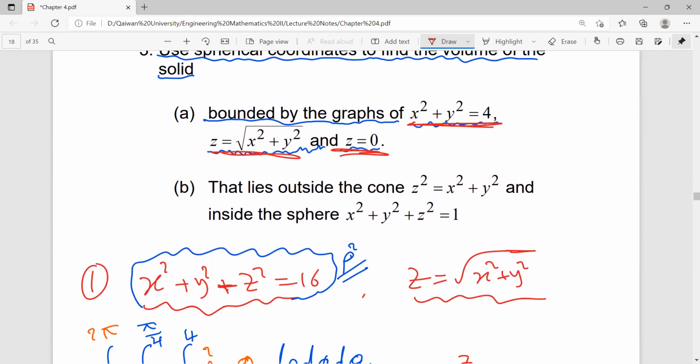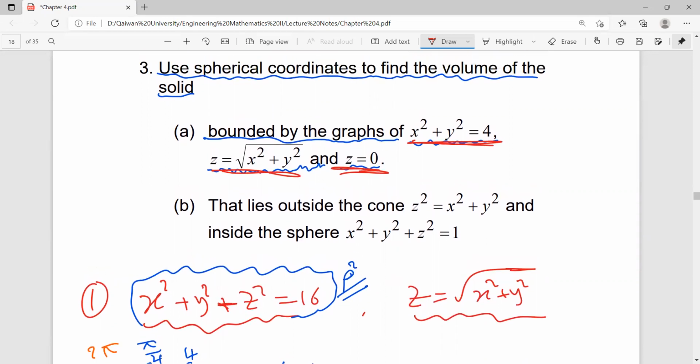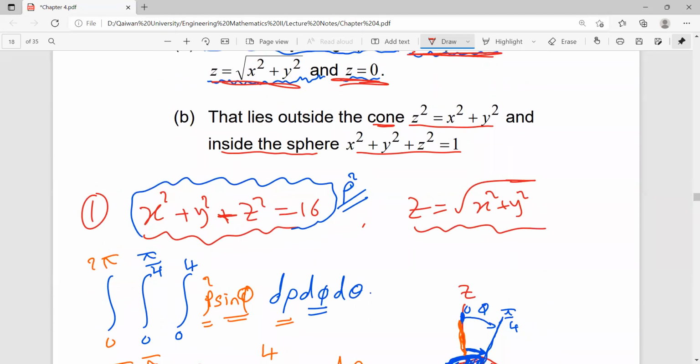It says, find the volume of the solid which lies outside of the cone and inside the sphere. Let's first draw the graphs.